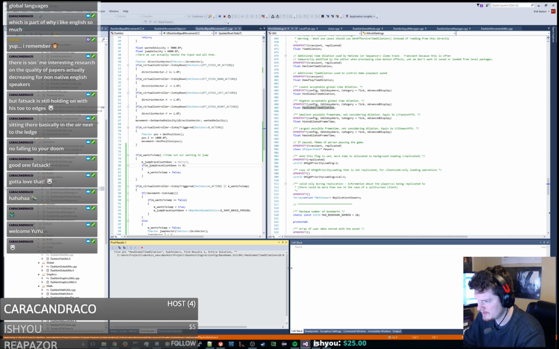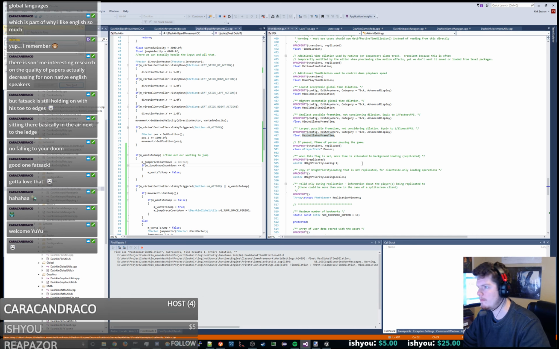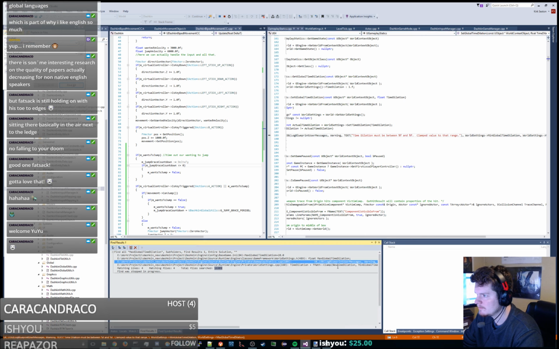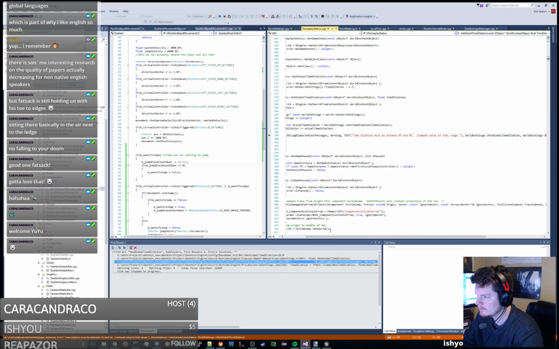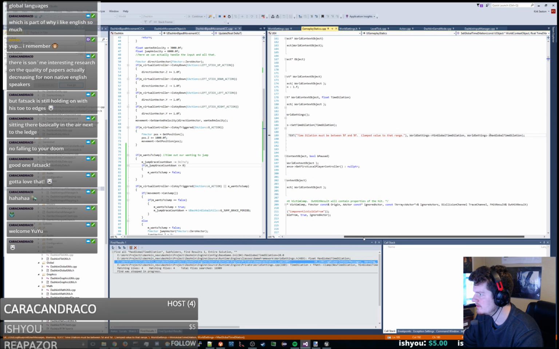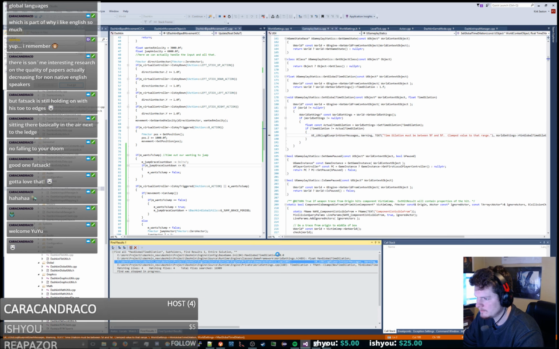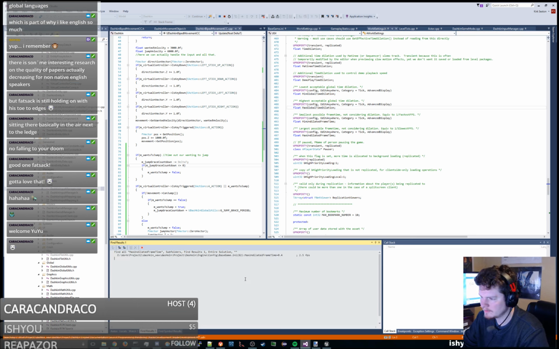So let's just see where this thing is used. No, it's the max undilated frame time, I believe. World settings, max global time dilation. No, I wanted to search for undilated frame time.